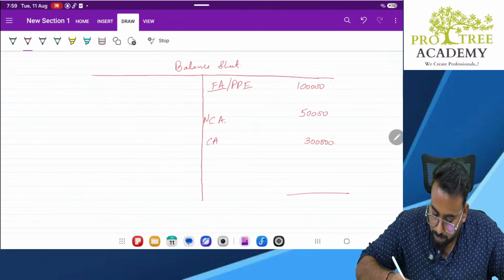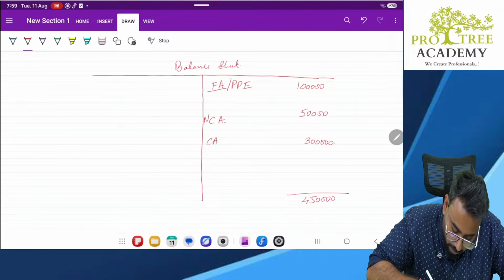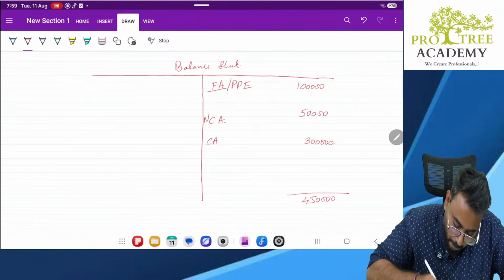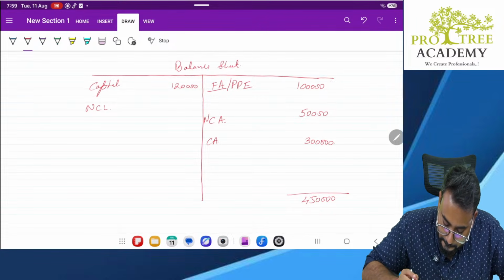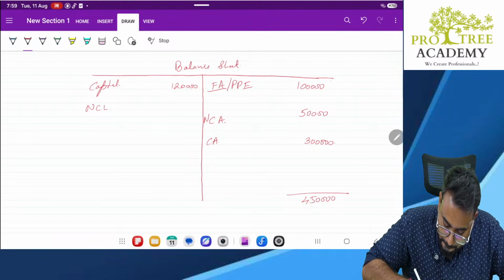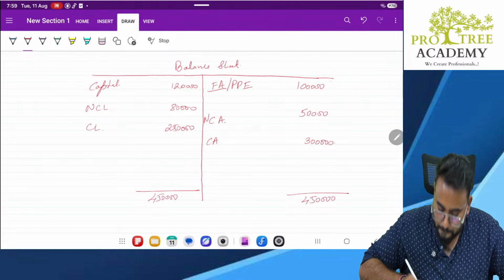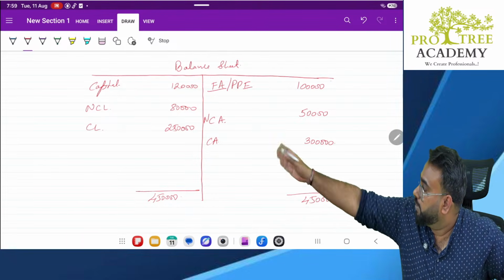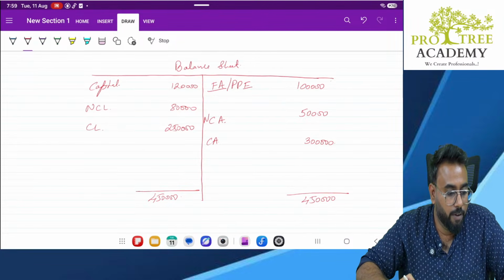What is the total? 4 lakh 50,000. This is how a balance sheet usually looks. Debit side, I mean asset side, is 4 lakh 50,000, and the liability side is also 4 lakh 50,000.